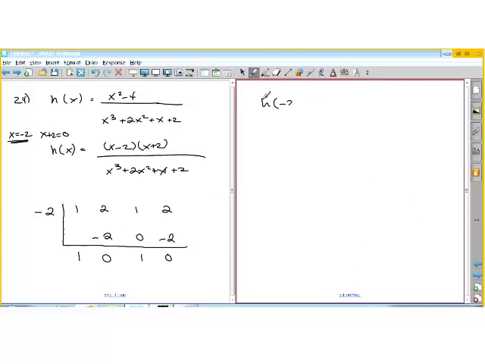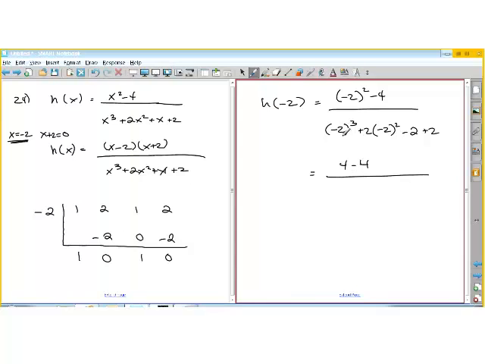So what is h of negative 2? I would stick negative 2 in there. You'd have negative 2 squared minus 4, divided by negative 2 cubed plus 2 times negative 2 squared plus negative 2 plus 2.